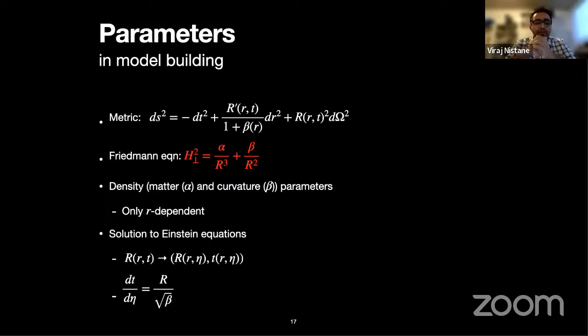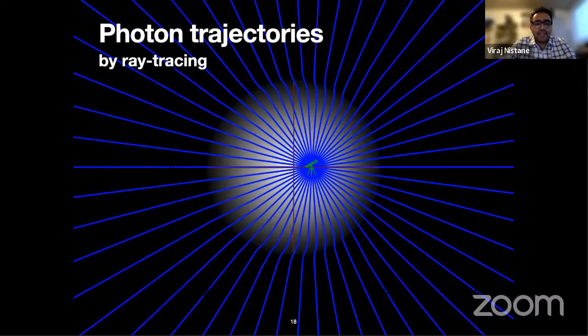So we insert the solutions, which are parameterized in terms of eta, which we call the conformal time, with some suitable initial conditions in the geodesic equations. And we solve them using the ray tracing method, and we get some photon trajectories like these.